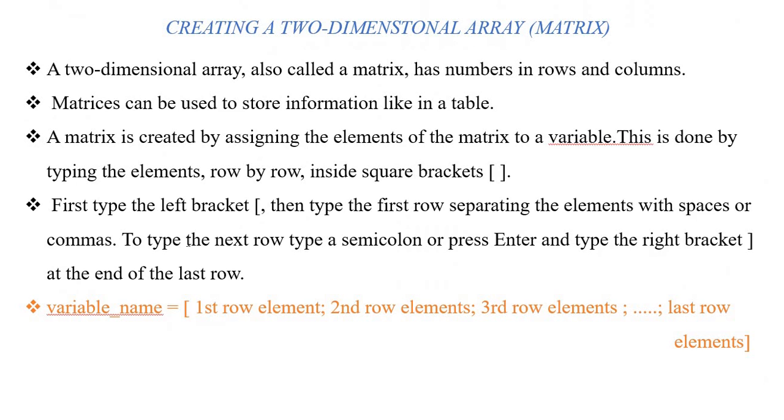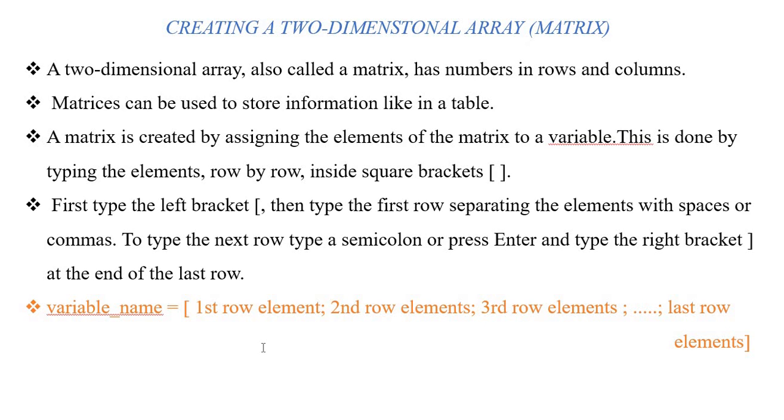So next thing, the 2-dimensional. The last one was 1-dimensional. So this is 2-dimensional. A 2-dimensional array, also called a matrix, has numbers in rows and columns. So a matrix can be used to store information like in a table format.